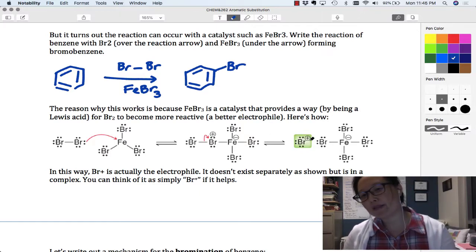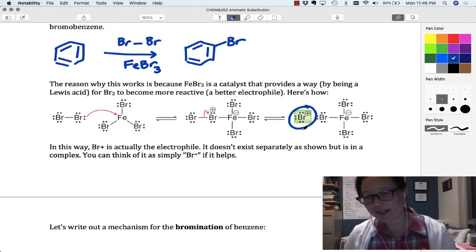So it doesn't just fall off usually, but it does make this complex. And so you can think of it as a Br plus ion, which is really different. Usually when you think about bromide, every bromine we've had so far is bromide, pretty much. So this is the opposite, and that's because of its interaction with this Lewis acid.